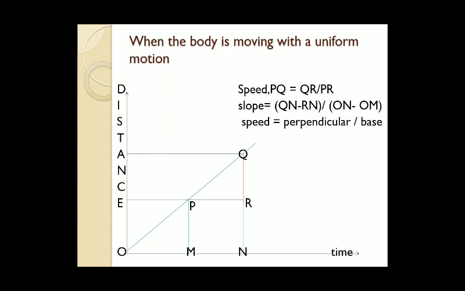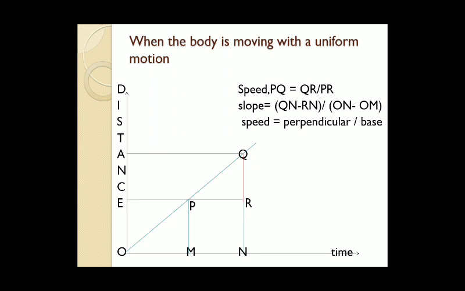In this particular case, after drawing these two parallel lines, what you are observing is that PQR is a right angle triangle. So, always remember, whenever we are going to calculate the speed, it is distance upon time. Speed is distance upon time.